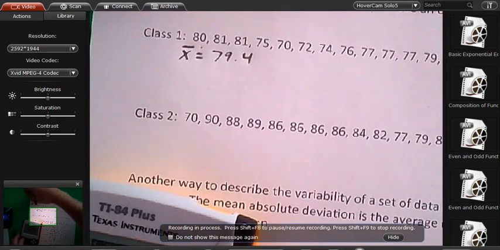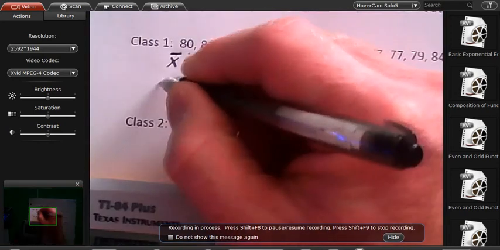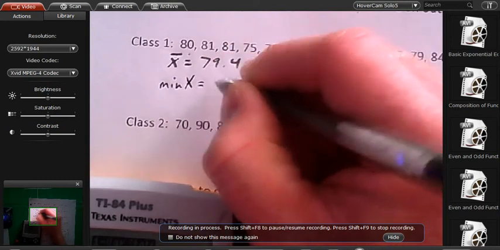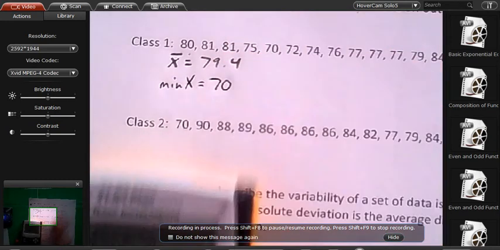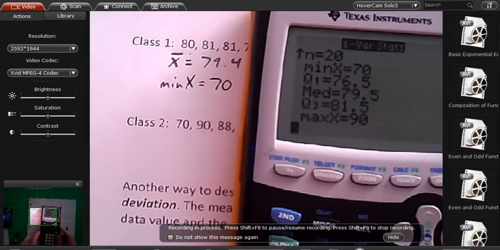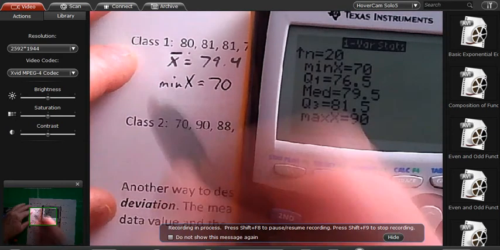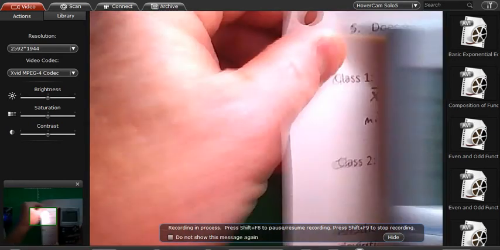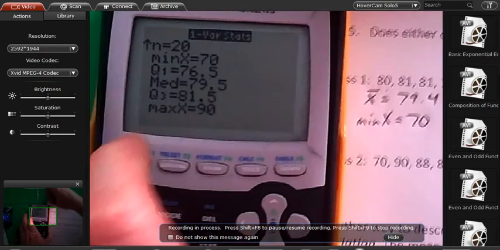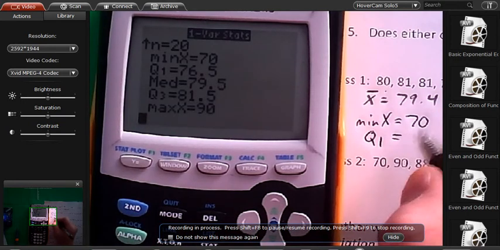Now if we scroll down, we see that our minimum value, min x, is equal to 70. Our Q1 is equal to 76.5.